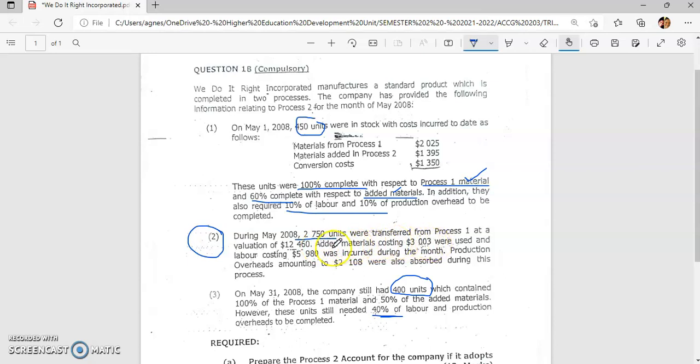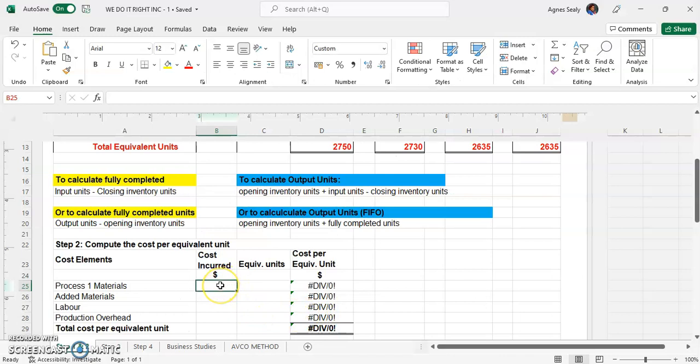So the cost incurred for process 1 material with respect to these units that were transferred is $12,460. What are the equivalent units for process 1 material? 2,750 units.